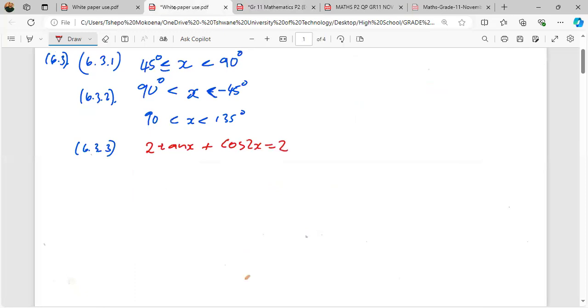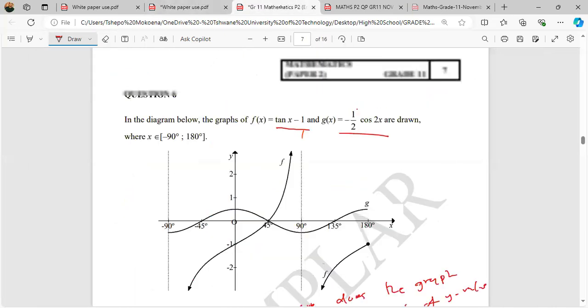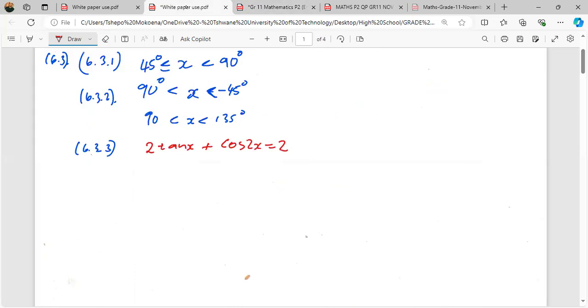You know what is the plan here? The plan is to manipulate this equation so that I end up having tan x minus 1, negative 1 over 2 cos 2x. That's the plan. They won't give you this. Trust you me, if you manipulate this, you'll get there. So the first thing is I have to take cos to that side of the equation. You see, already.